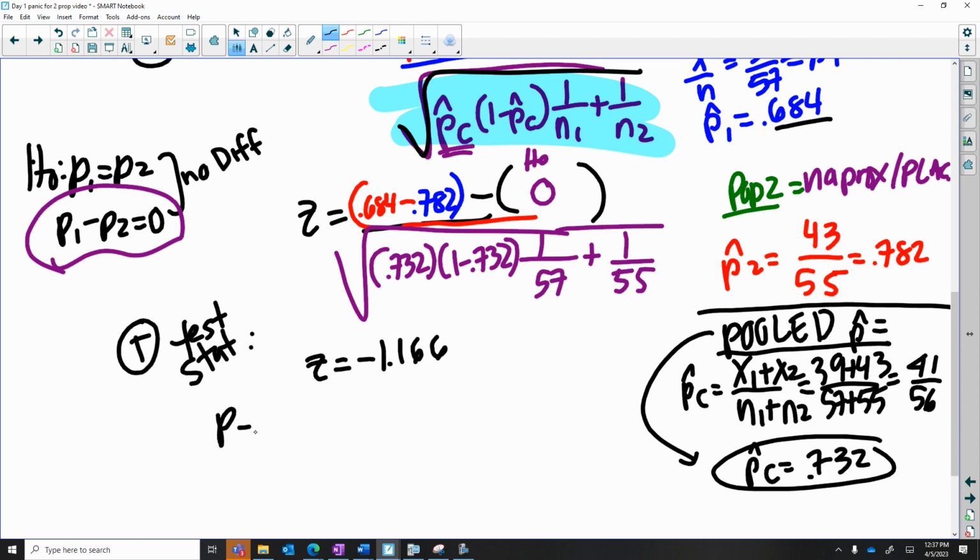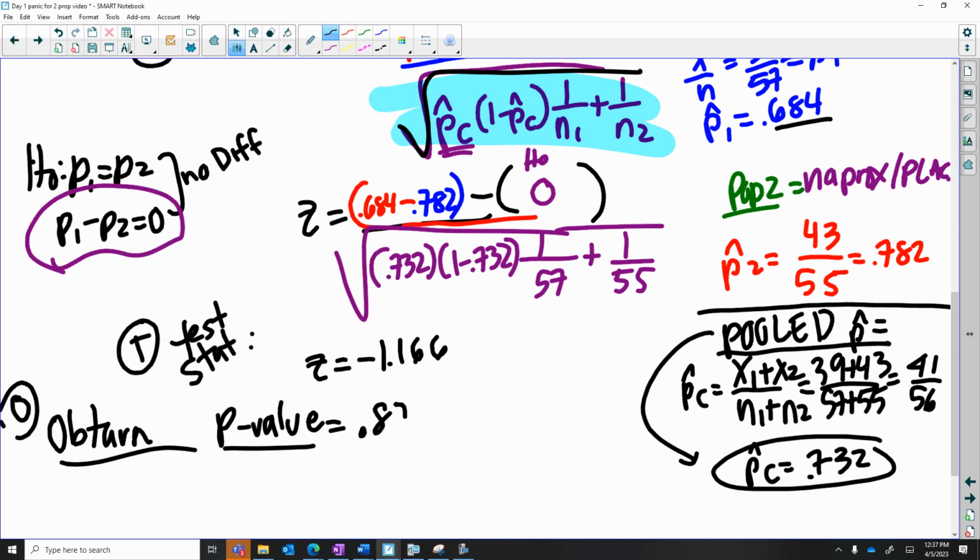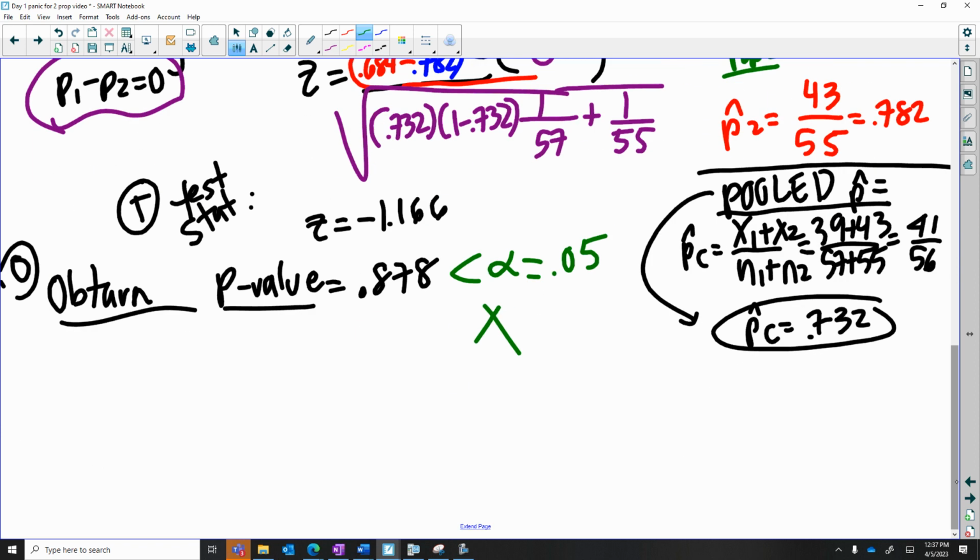And then the p-value. Remember, the O step of PHANTOM is obtain the p-value, right? It is the 0.878. So is 0.878 less than 0.05? No. So do I reject the null? No. So for the M step, make a decision.